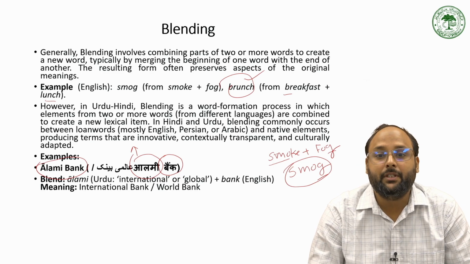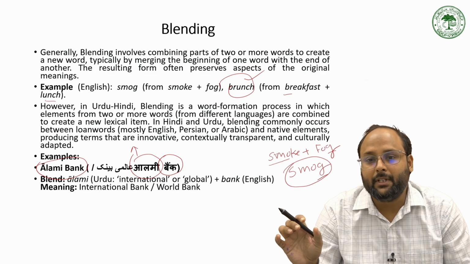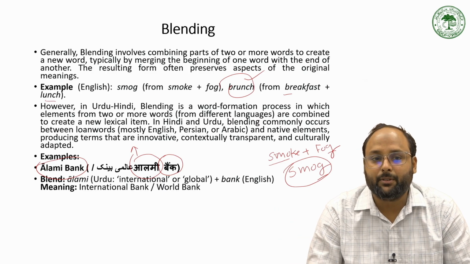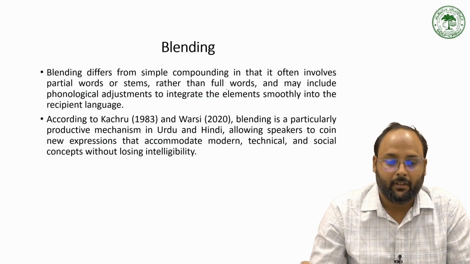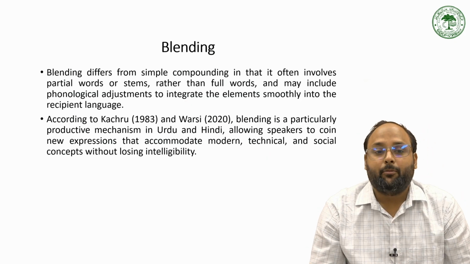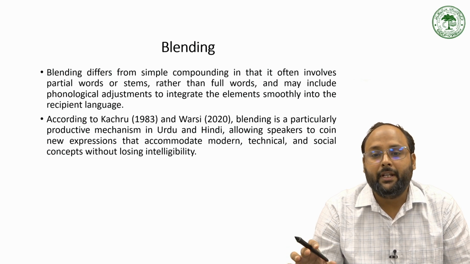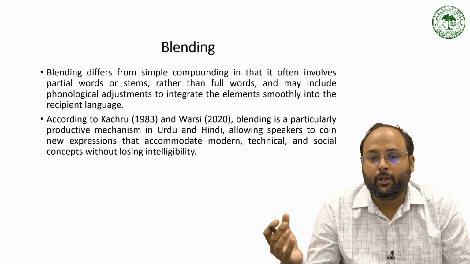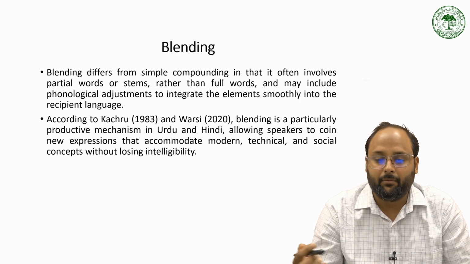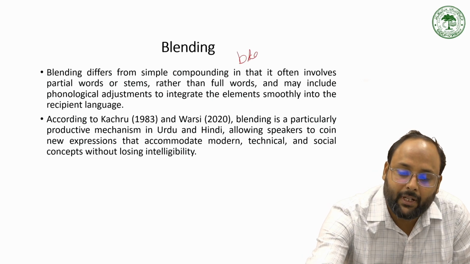It is different from the general blending process, where we just take parts of two words and make a new word, like brunch from breakfast plus lunch and smog from smoke plus fog. So blending differs from simple compounding. In simple compounding, we take the two full words, like blackboard, black plus board.